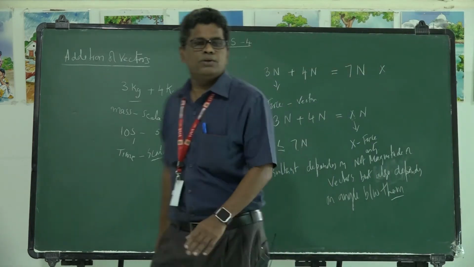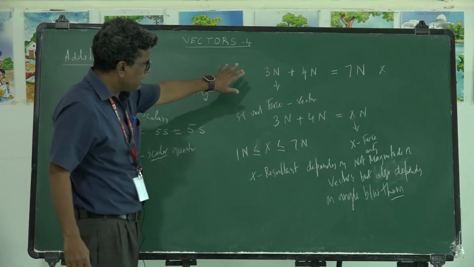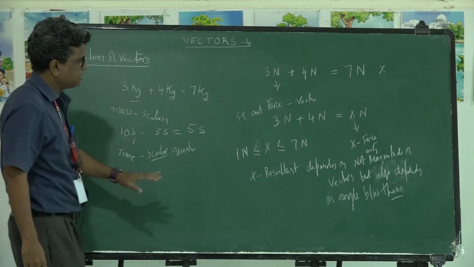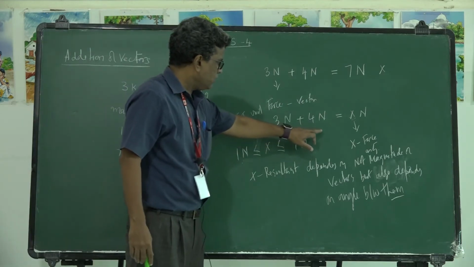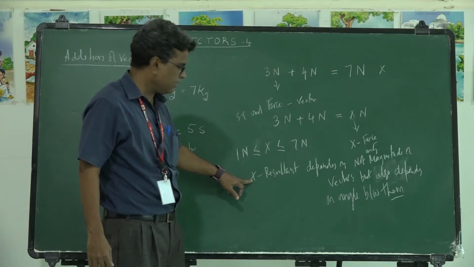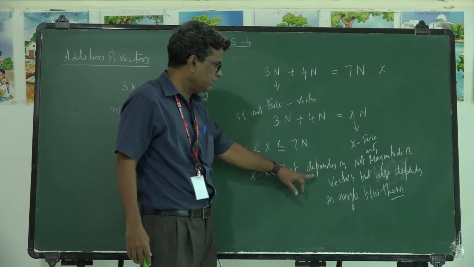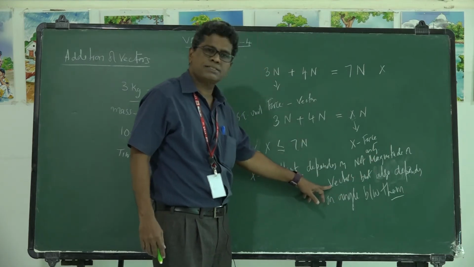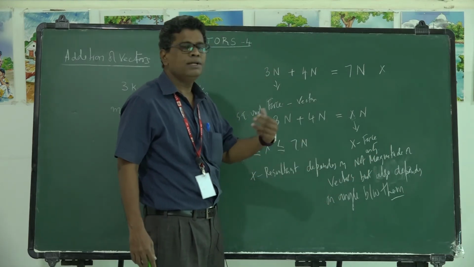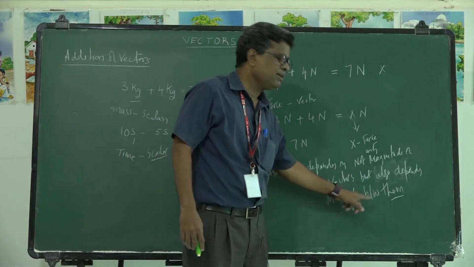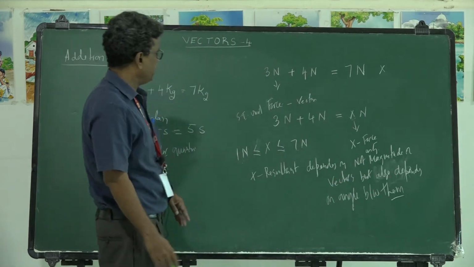So if you want to add vectors, you should not add as we do with scalars. After adding you will get one vector, that is called the resultant. That resultant value depends not only on the magnitude of the vectors, but also on the angle between them. Okay.